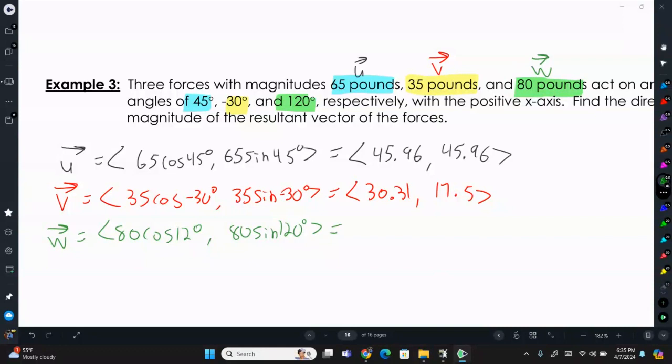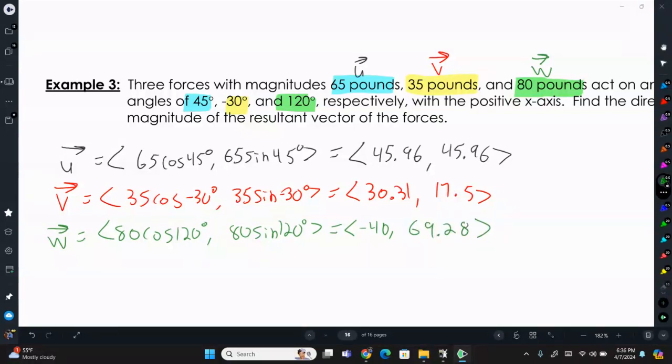Someone's going to be the strongest, but it's not going to go only in that direction. The other forces are going to affect how it's moved. All right, so 80 times the cosine of 120 is negative 40. And then 80 times the sine of 120 is 69.28.